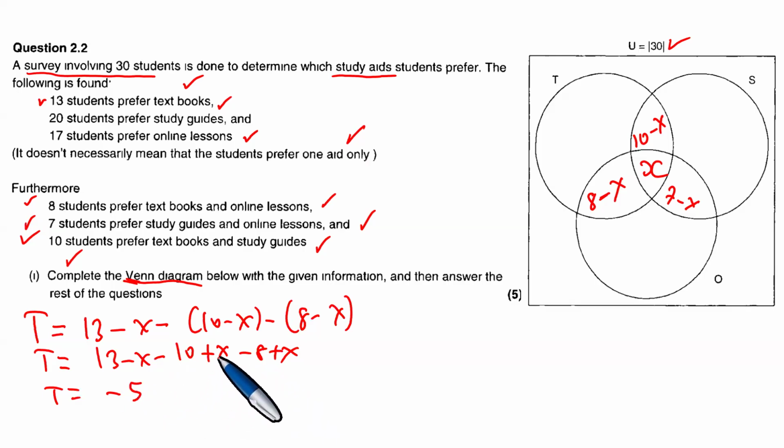And then we have minus X plus X plus X, which gives us X. So we have X minus 5. We take note of this, X minus 5.